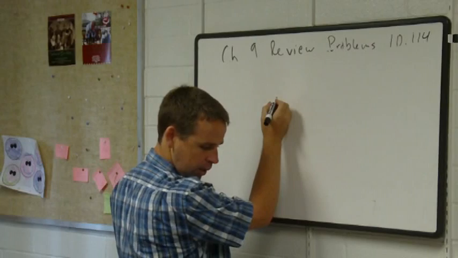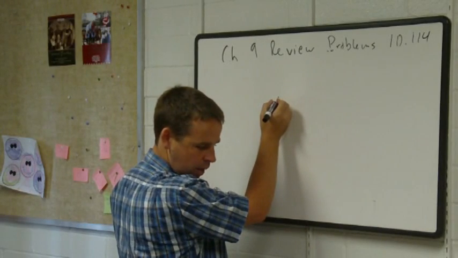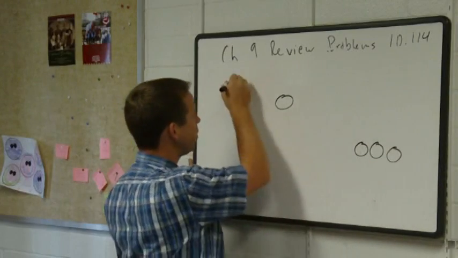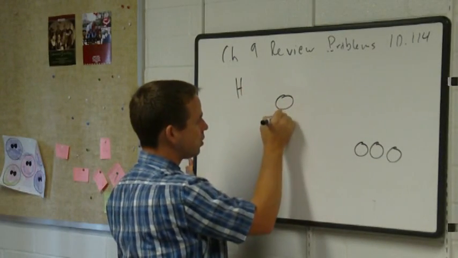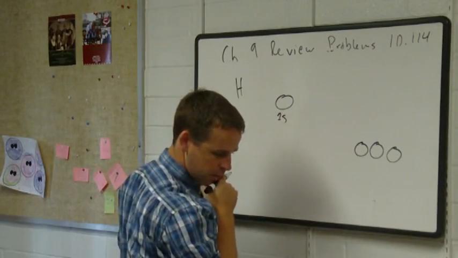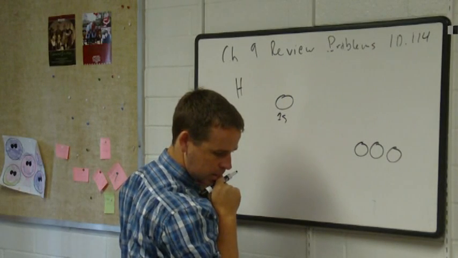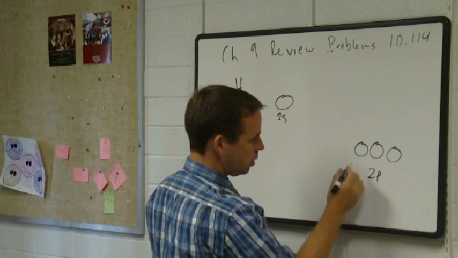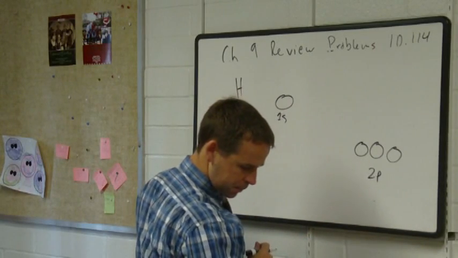So on 450, we have hydrogen and oxygen. Here's hydrogen's 1s, and here is oxygen's 2p, x, y, and z, right?